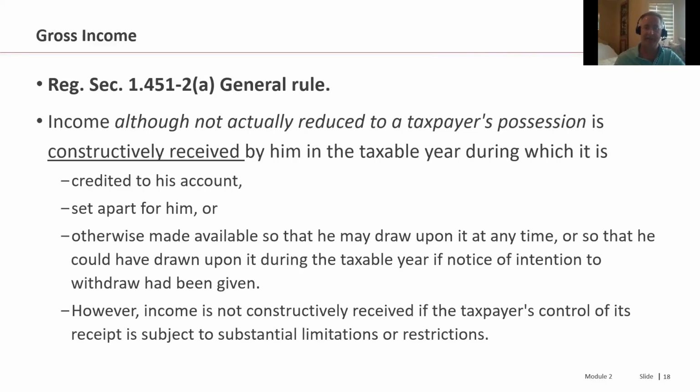It's constructively received when it's credited to the account, set apart, or otherwise made available so that the taxpayer could draw upon it at any time, or could have drawn upon it if notice of intention to do so had been given. But it's not constructively received if the taxpayer's control of the receipt is subject to a substantial limitation or restriction.